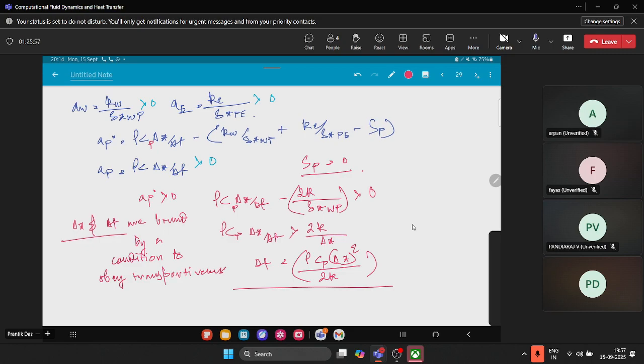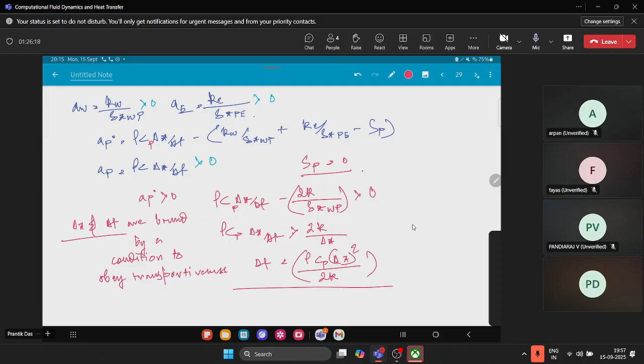If this is not obeyed, then transport fails, and you get numerical oscillation, which you have seen in the case of the upwind scheme itself. So I think those are the things you should take into account. Okay. Is it clear to you?